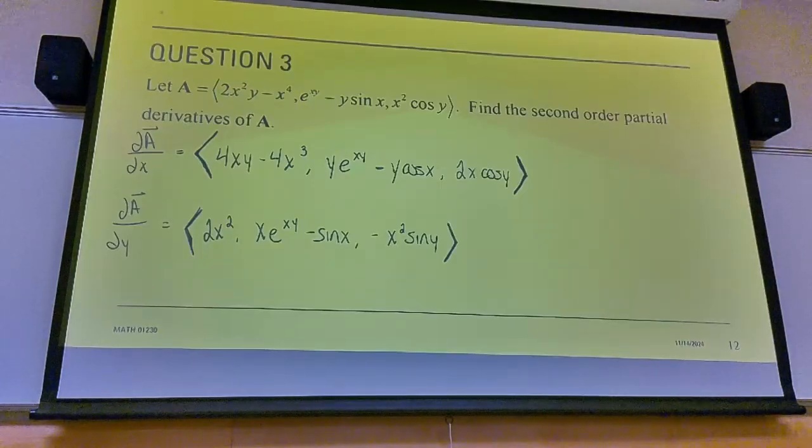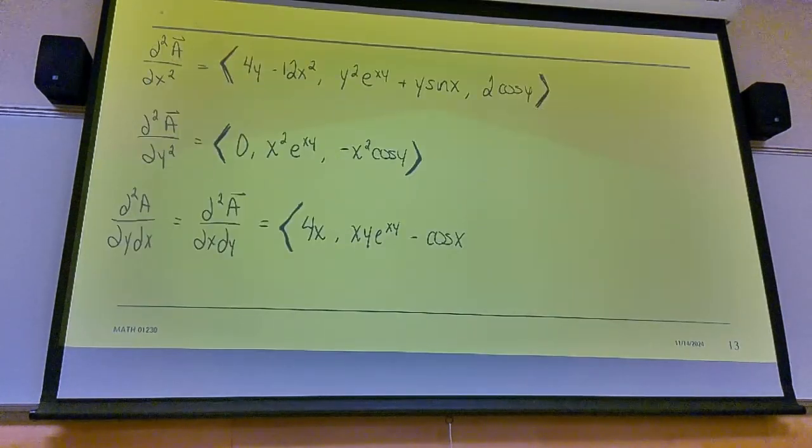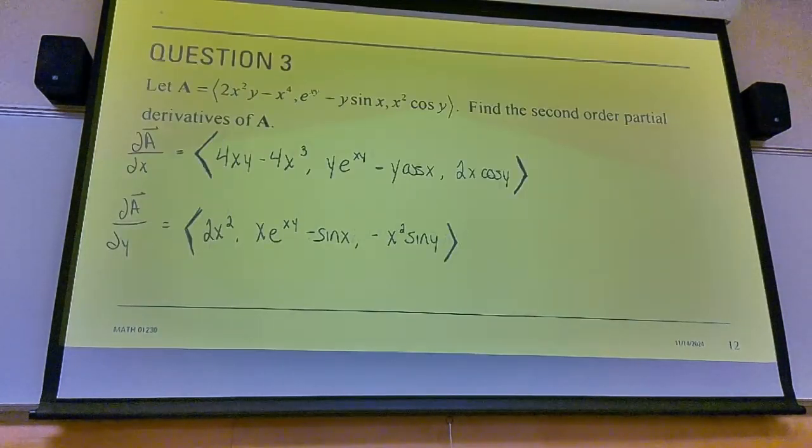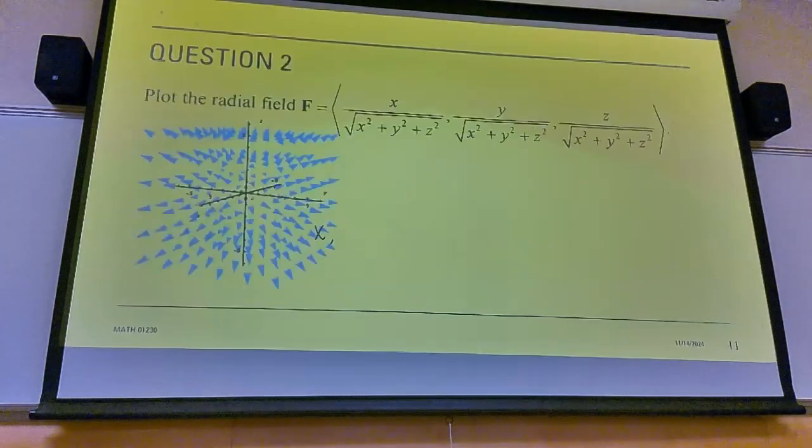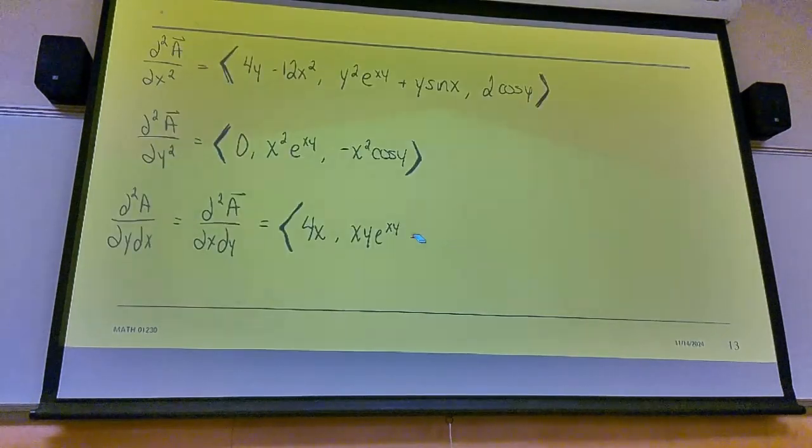Plus xy e to the xy. Wait, no, now you already have that term. Plus x e to the xy. All right, so you gave me first times derivative of second, first times derivative is second, just e to the xy. I gotcha.